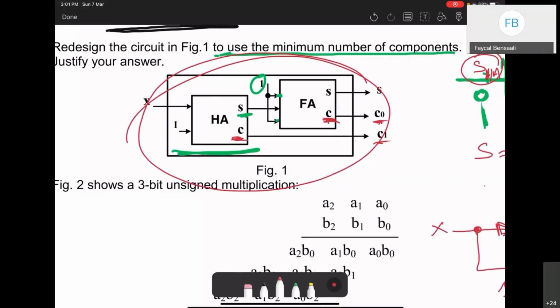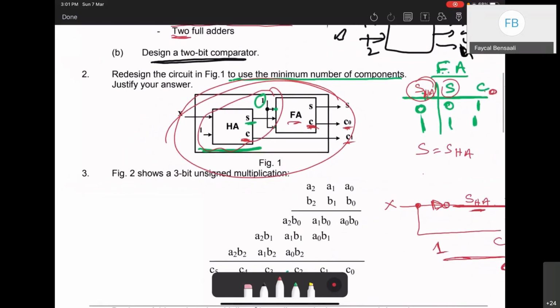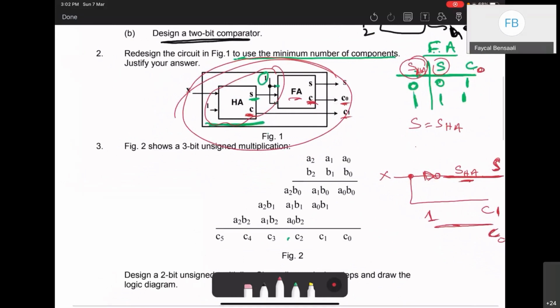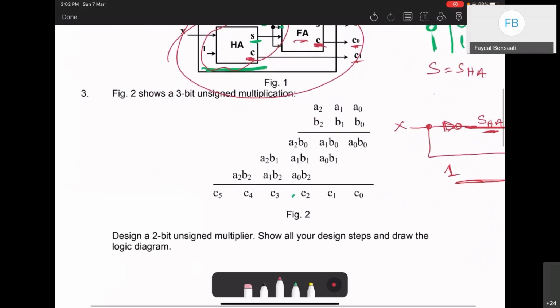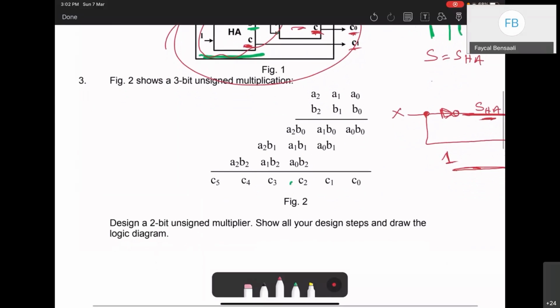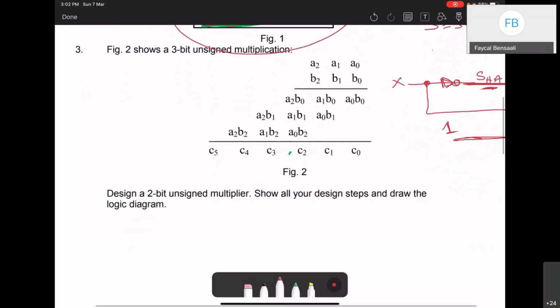One of the inputs is always constant. So you need to be careful. You don't have to use a full adder like that with two of its inputs always 1, because you can reduce it and have a better solution, which I showed you here. Again, you will get this when one of the inputs is a constant.